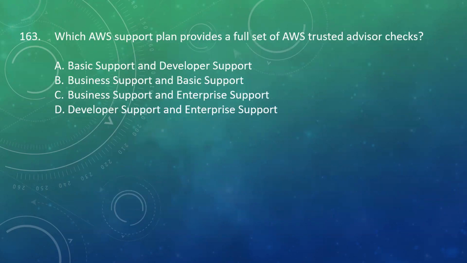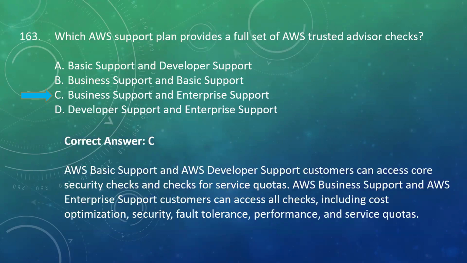Question number 163. Which AWS support plan provides a full set of AWS Trusted Advisor checks? Your options are basic and developer support, business and basic support, business and enterprise support, developer and enterprise support. And the correct answer here is option C, business support and enterprise support.